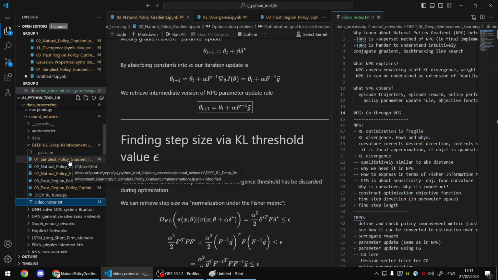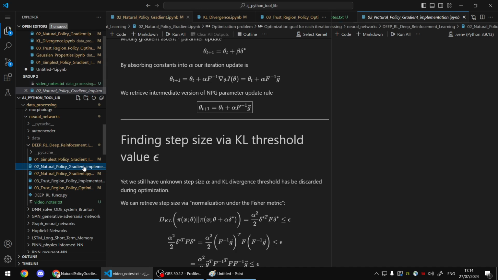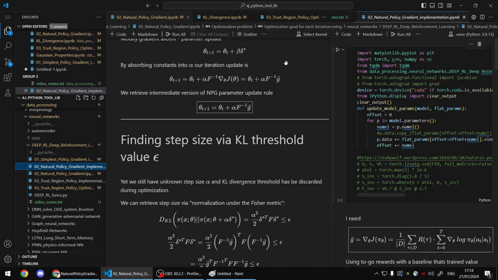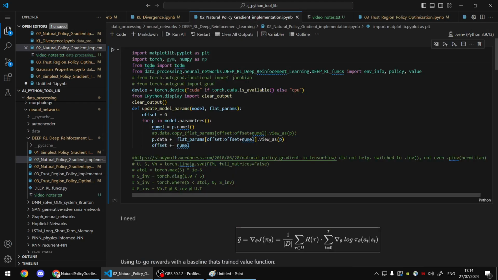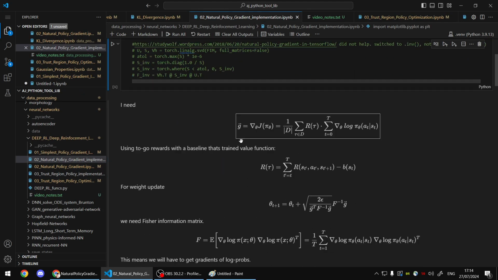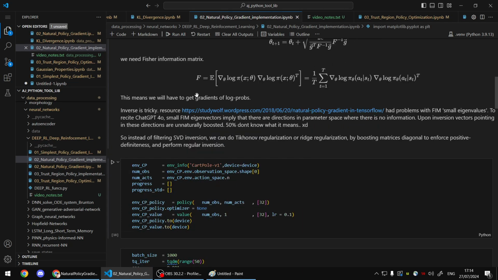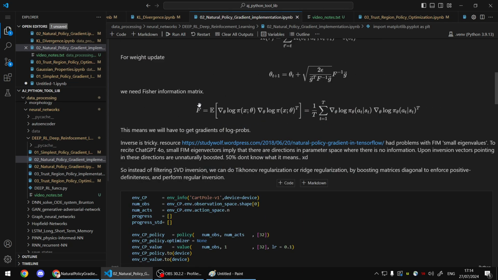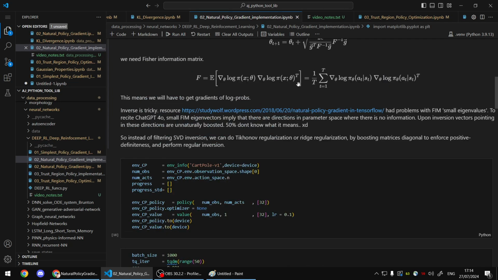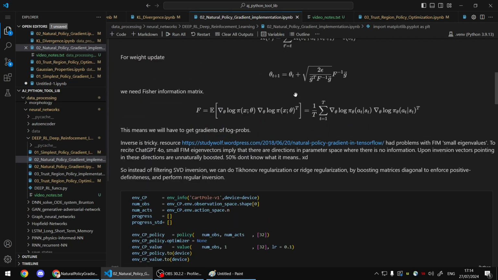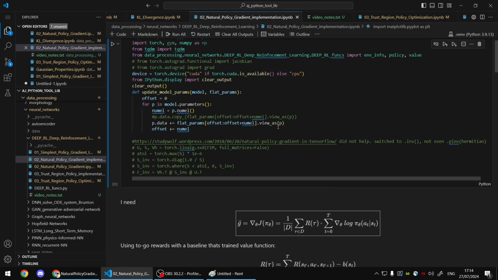Maybe if you want to implement this, there are a few tricks. Actually, there are resources I've looked at, and they didn't do the same actually. So the most problematic part, I think, is that you're updating your parameters manually.